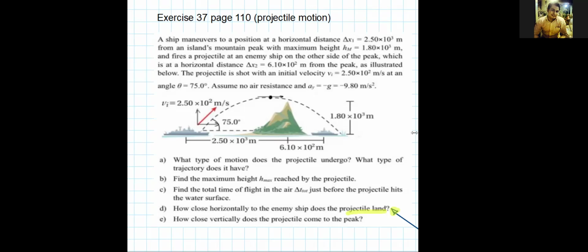Remember that in class, as a conclusion, we have a projectile, and this projectile lands in this position. So we need to know the distance with the enemy ship. Solving the exercise, we did it in class.